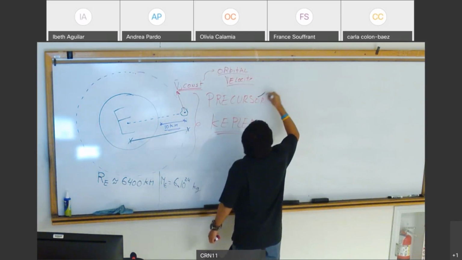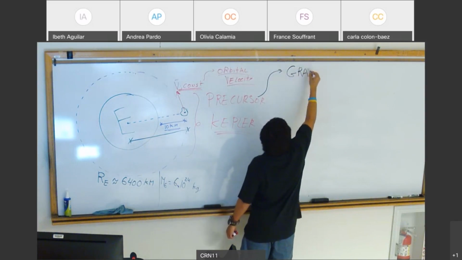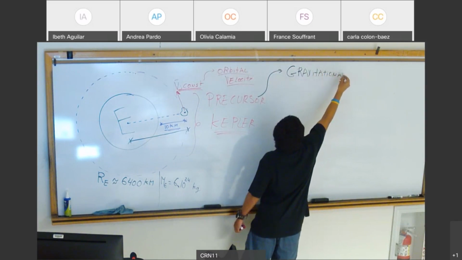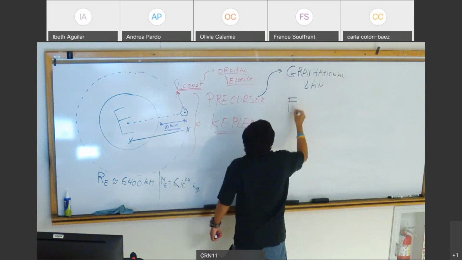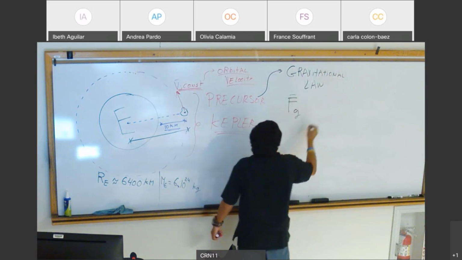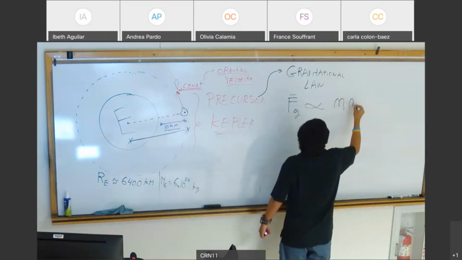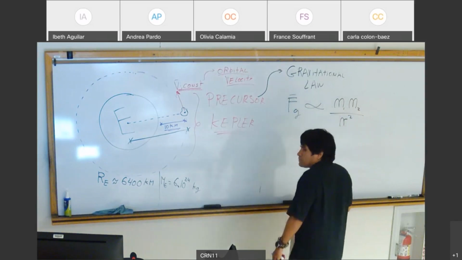But the law of gravity, the gravitational law, states that the force of gravity, the gravitational pull, is proportional to the multiplication of masses divided by the distance squared from the center of masses.